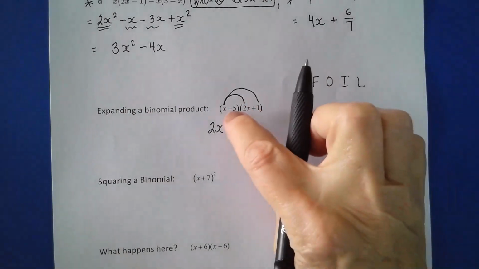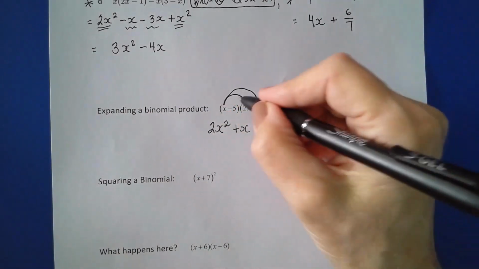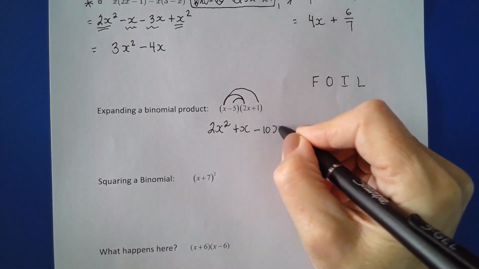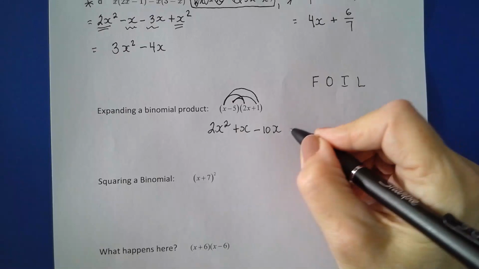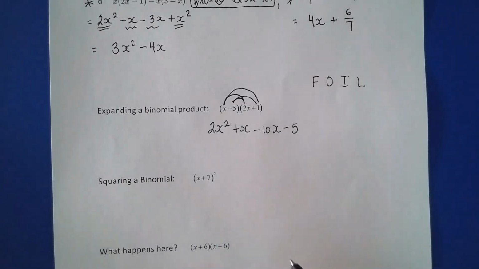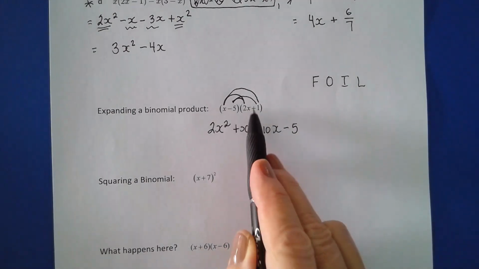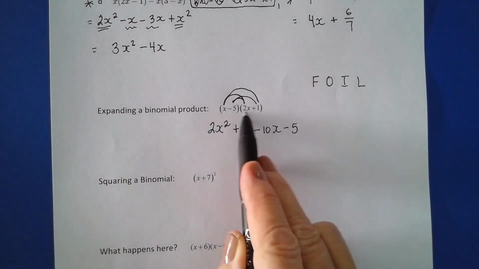And then the -5 gets multiplied by both. And more often than not, so I'll say it one more time, this x gets multiplied by both of these, and that -5 gets multiplied by both of these.